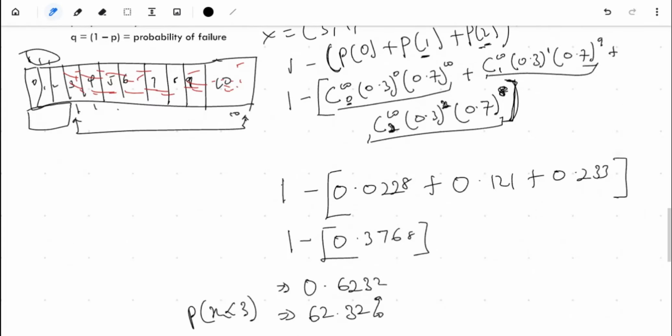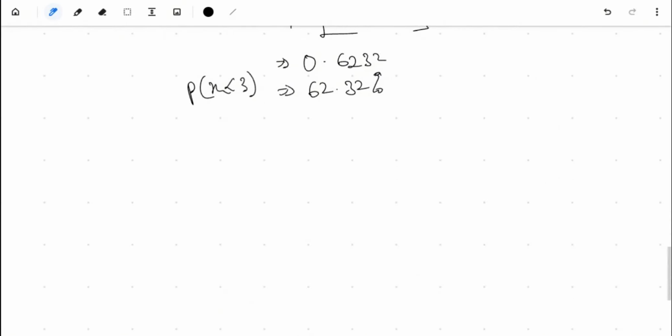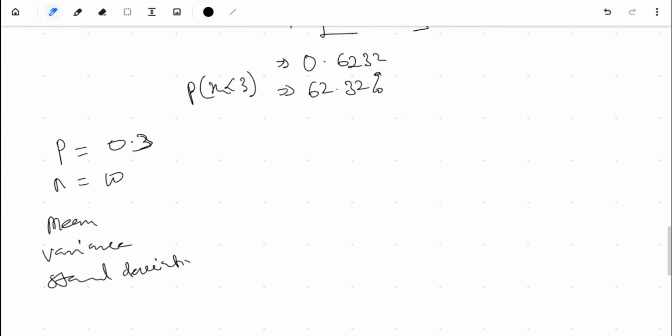So based on this question, let's assume our probability of success was 0.3, and the number of students was 10, right? If you have to find our mean, our variance, then our standard deviation, our mean is equal to the number of samples multiplied by the probability of success. So here it will be 10, that's the number of samples, times 0.3. This is going to give us 3.